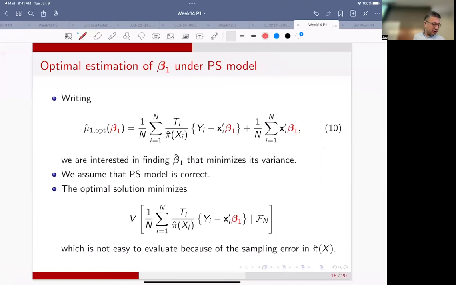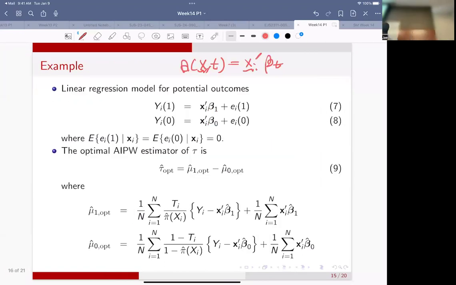Now notice that this optimal estimator is true regardless of the choice of beta hat. So this is not unique, because you can choose many different beta hat, as long as beta hat 1 is unbiased.